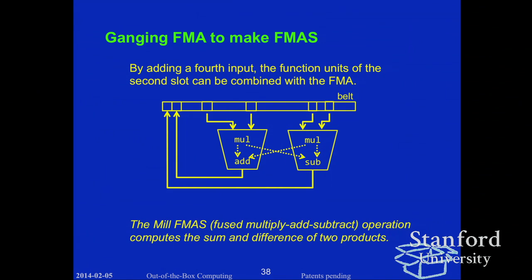The result is two results. Mill is very good at multiple results because of the belt structure, which computes the sum and difference of two products. Sometimes you only want one, you ignore the second, or you sometimes want both for many kinds of floating point computations. It happens to like having both of those.